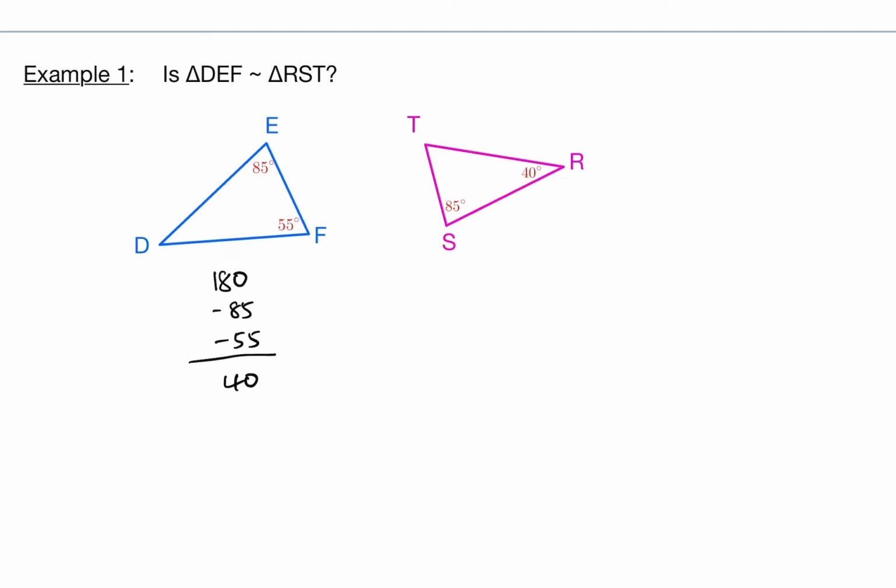So that tells us that angle D is actually 40 degrees. Okay, so now that we know angle D is 40 degrees, this matches angle R, which is 40 degrees as well. So now we have two sets of angles that are equal to each other, and therefore we can conclude that triangle DEF is similar to triangle RST. Okay, so that's one way.